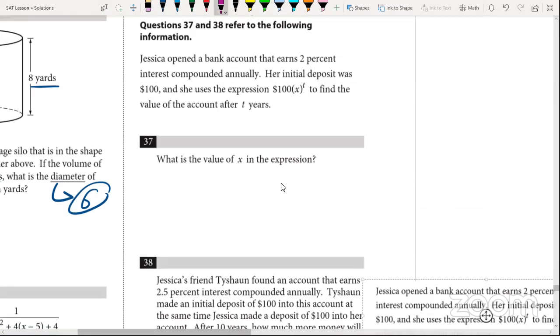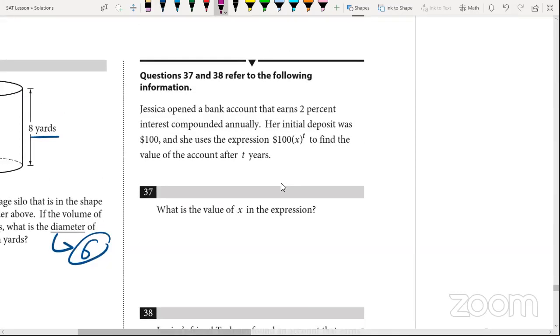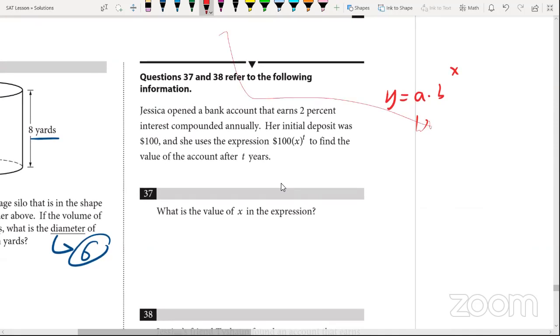We have a bank account that has 2% interest compounded annually. So this is an exponential situation: a starting number multiplied by something x number of times. Here, the initial deposit is 100.